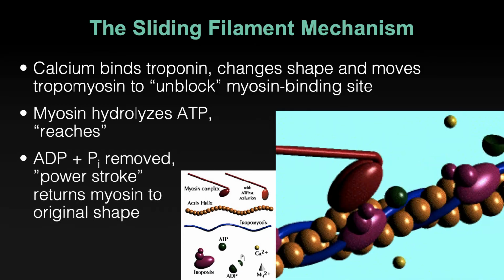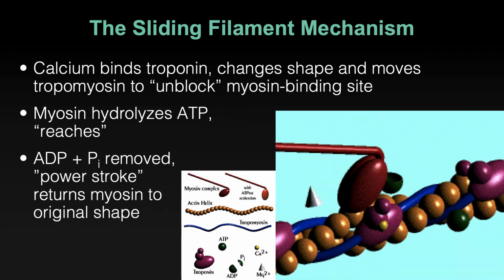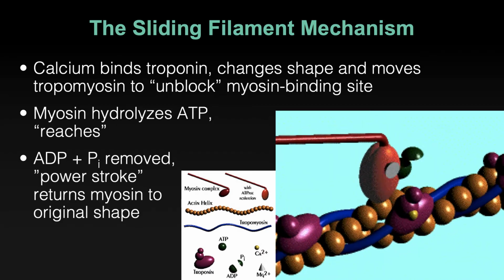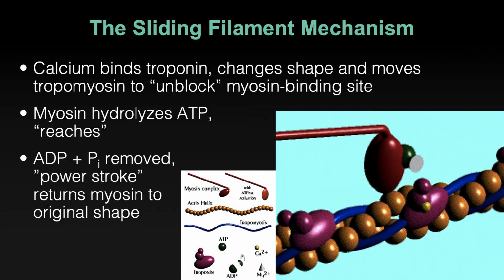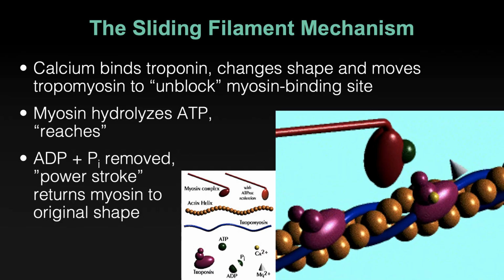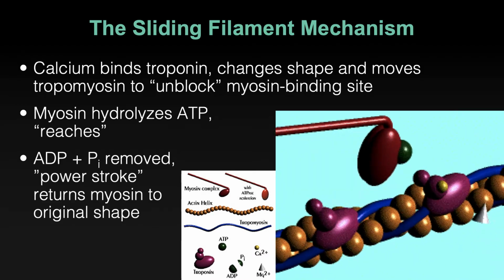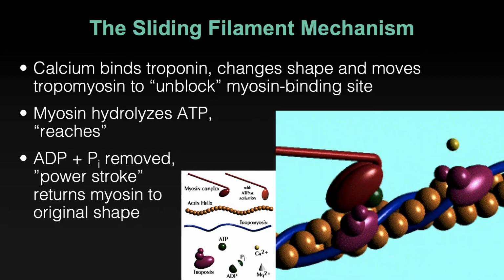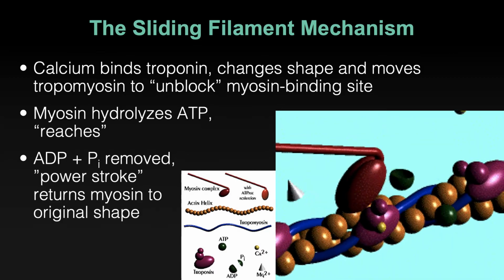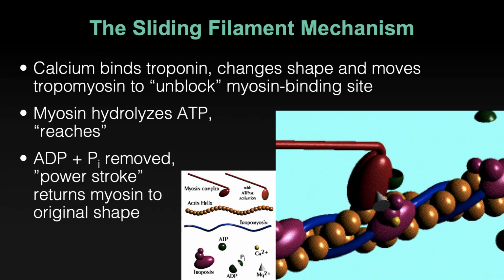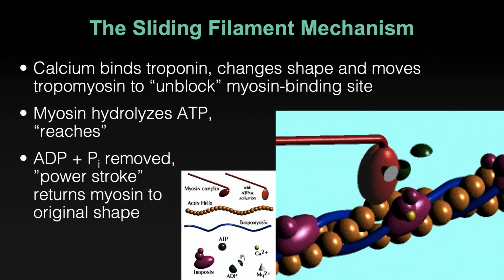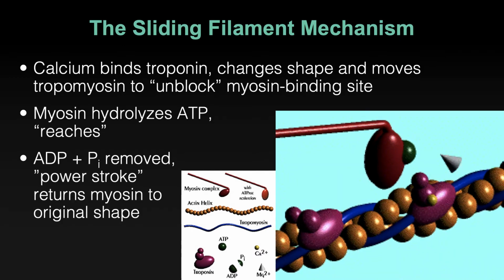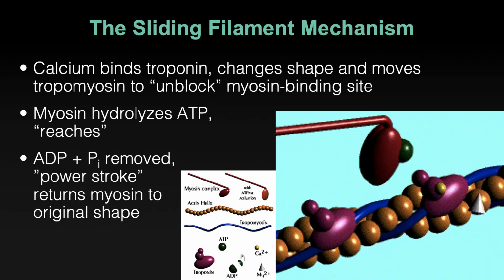And in doing so, it powerfully contracts and moves actin, shortens the muscle, shortens the sarcomere in what's called the power stroke. So ATP breaks apart, gives myosin the energy it needs, and the myosin powerfully contracts, cocks its head to pull the actin filament. We'll take a look at all the steps involved in that sequence of events coming up.